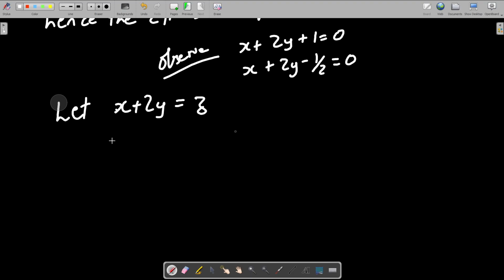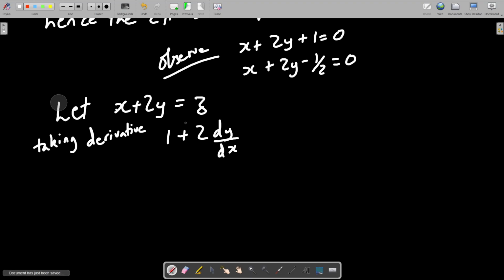So taking derivative over here, 1 plus 2 dy by dx is equal to dz by dx.